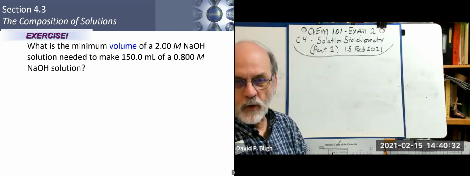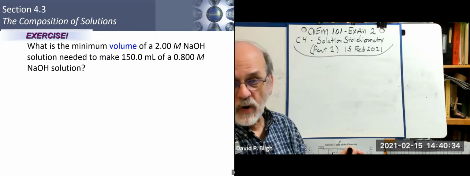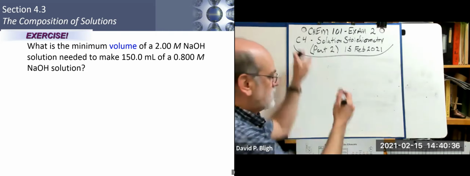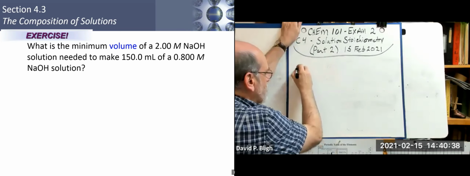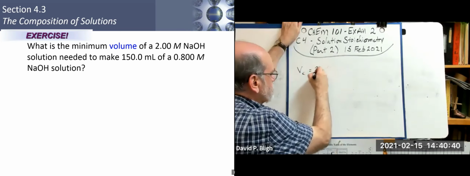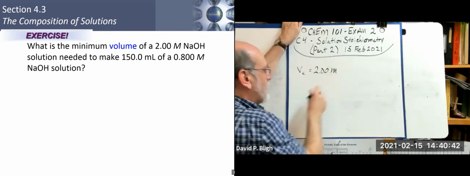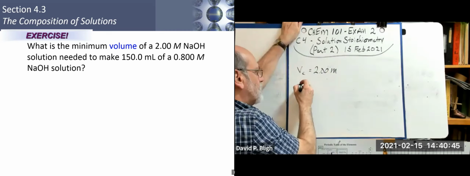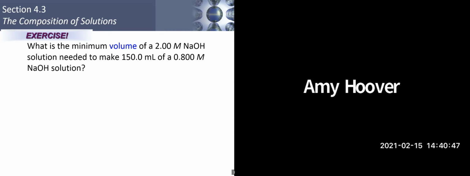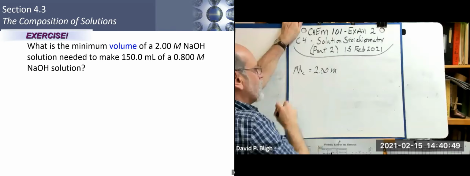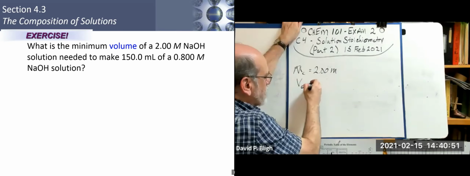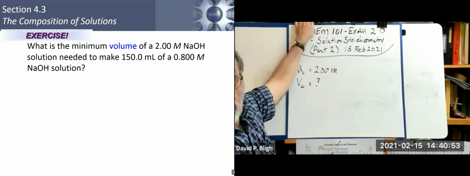So we're looking for the minimum volume of the 2 molar sodium hydroxide. So the concentrated molarity equals 2 molar, and the volume that we need is unknown. That's the question.